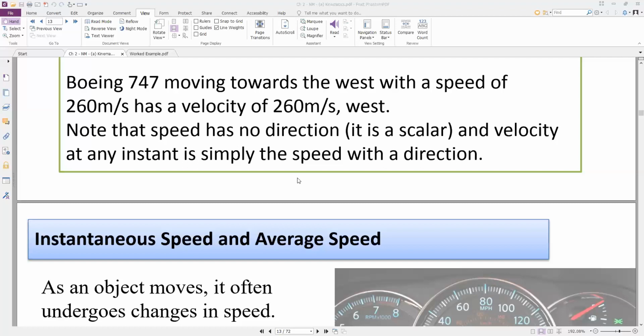Now play. Yes, see, this is the motion. We can see there's a direction. Play again. See, it's increasing from -10, -5, 0, 5, and 10.